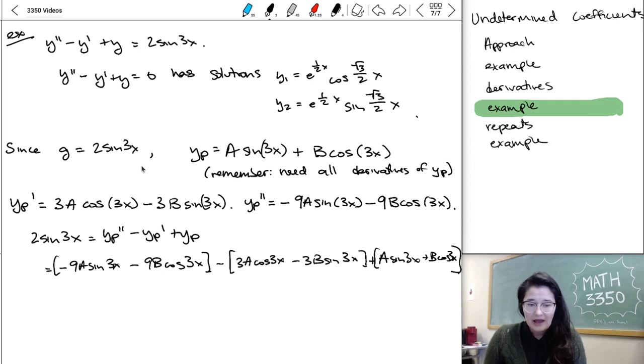And then I'm going to have to group these by things that look like the functions. So this is the part that I would recommend you all actually put down in your notes. So I want the sine terms. I'm going to go ahead and underline all my sine terms.